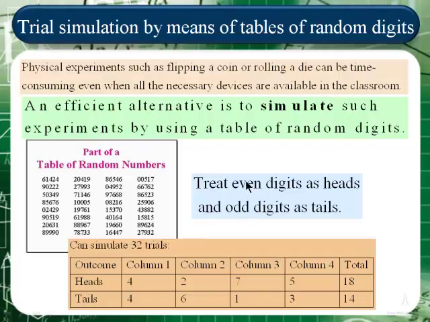Now if we treat the even digits as head, then you'll find in column 1 there is 1, 2, 3, 4 digits ending on an even number. So we allocate 4 of the trials or the positive outcomes to heads, and obviously then 4 to tails.